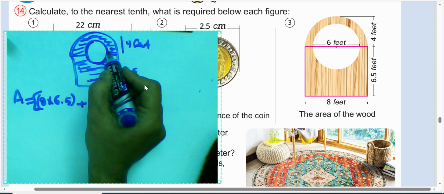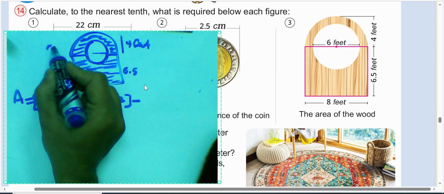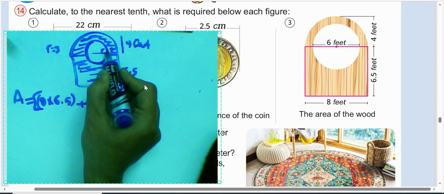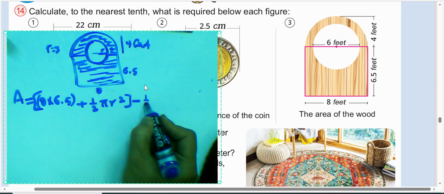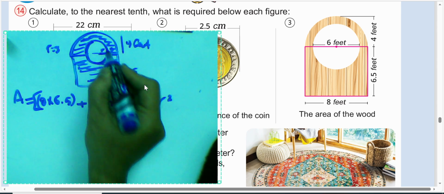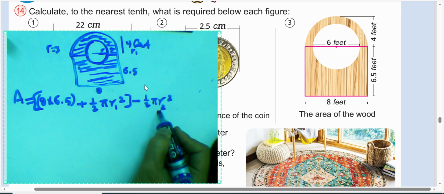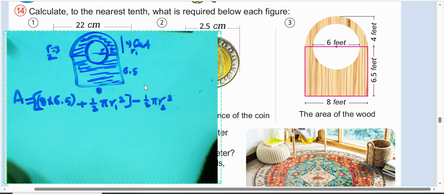He gives me the diameter 6, then the radius will be 3 centimeters. Small radius 3 centimeters. Then we can write half pi r power 2. This is r number 2 and this is r number 1. R number 1 is 4 and r number 2 was 3 centimeters.